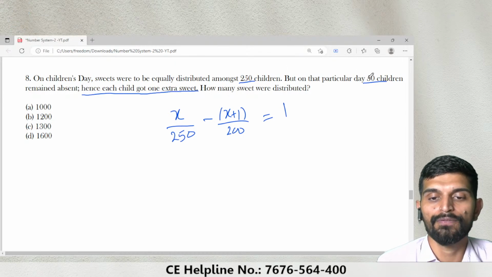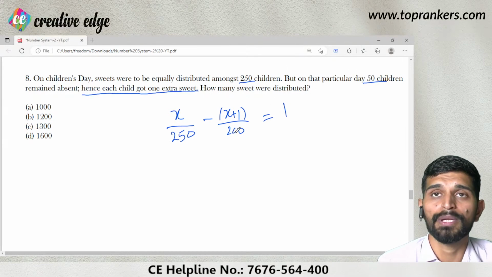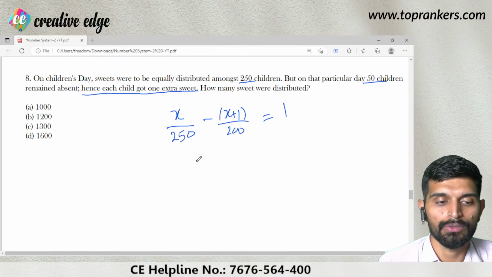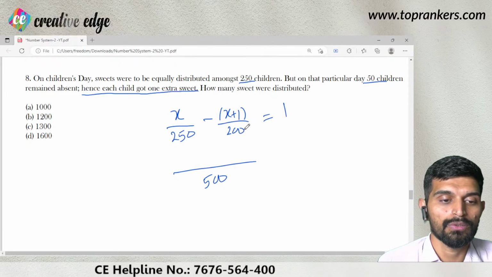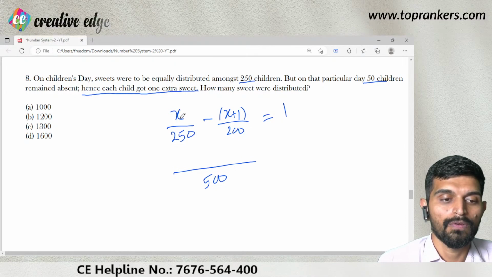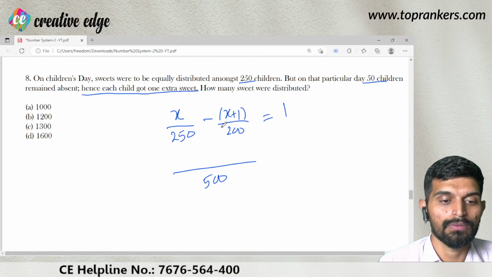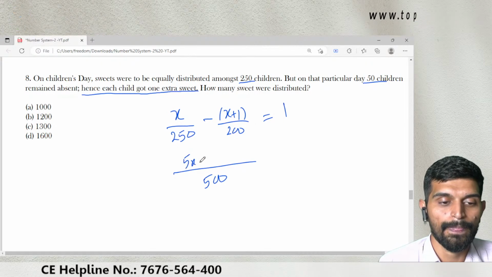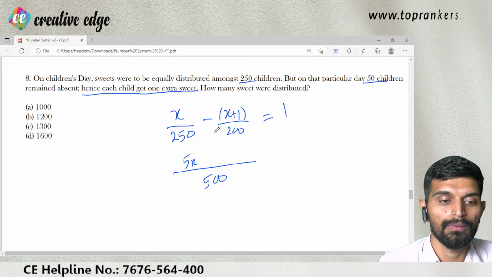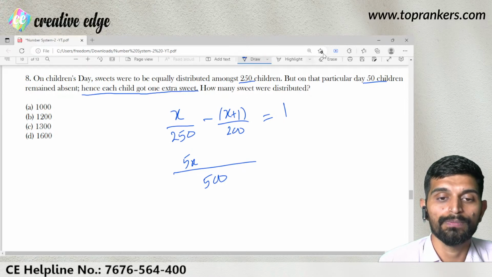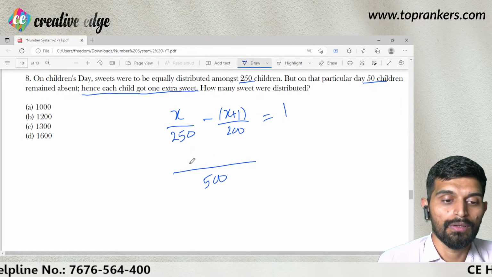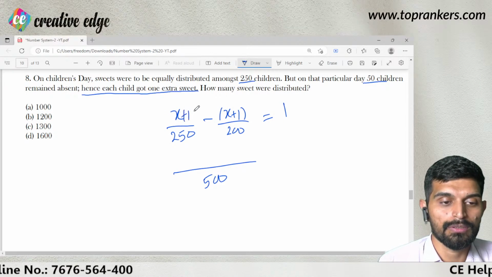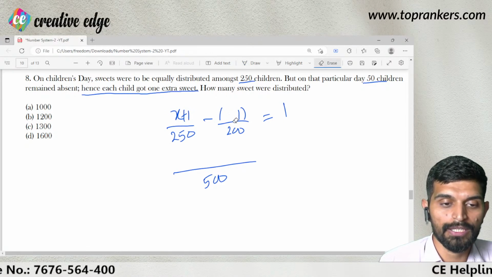So 250, 50 children remain absent. So present were 200. So take LCM of the two. So LCM will be 500. So this is 5x. 200 into 2. So this is x. This should be x plus 1.